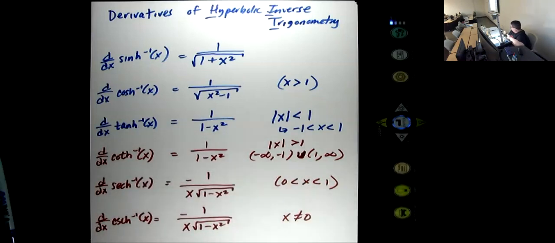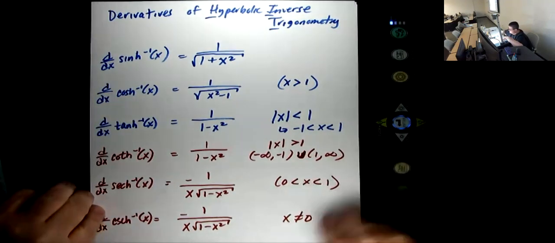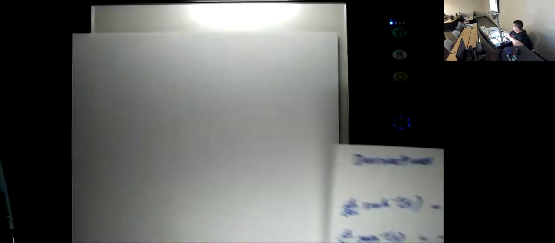Okay. So, I mean, these might be, let's do one of them. Show it. This might actually be easier if we do it implicitly.